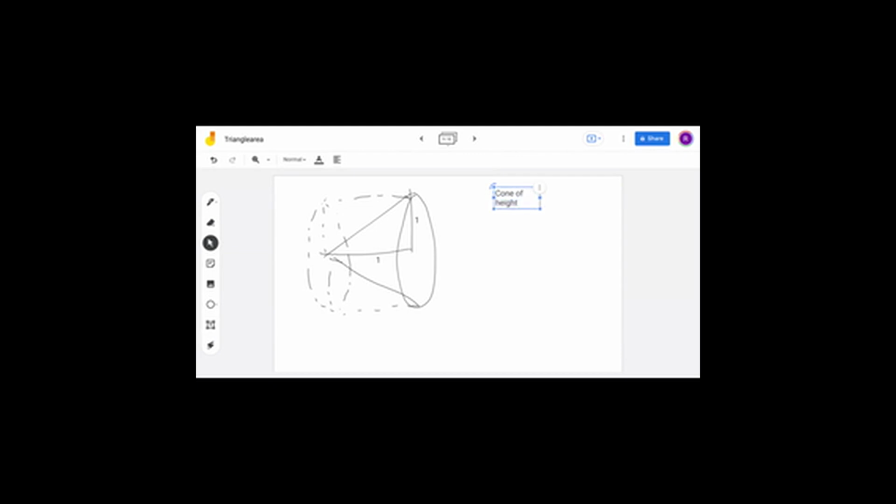Yes. So here, what is r? Half of 1, or is it 1? What is the radius here? It is 1, sir.